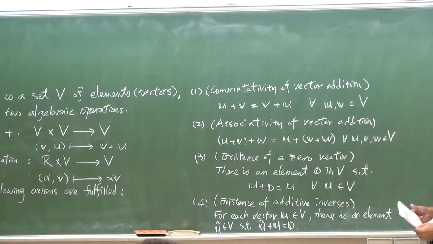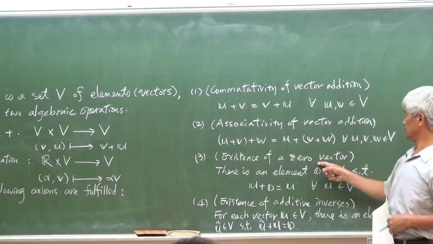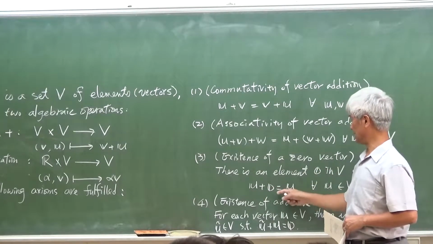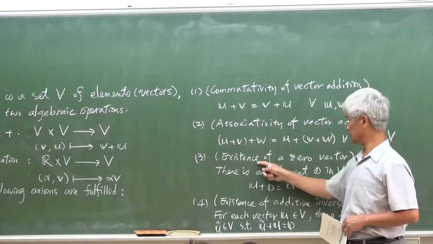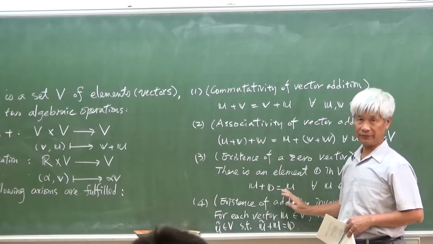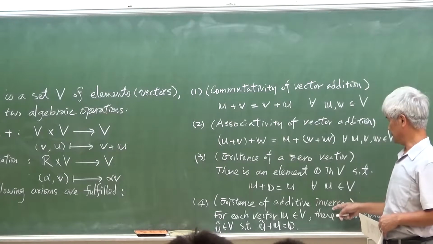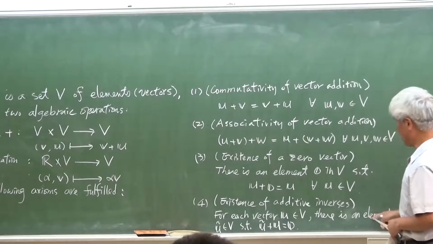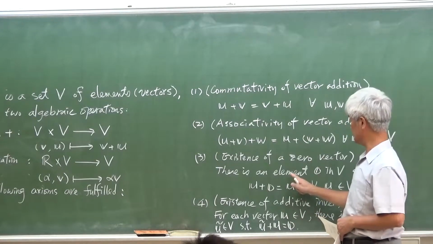So we have associativity, and also there's a very special element called the zero vector in the set V. The zero vector is something that, for any vector U, if you act with this particular zero element, you change nothing, so you get U itself. And the next one is the existence of an additive inverse, which says that for each vector U there is an element, say U', such that the sum of U' and U becomes the zero element.